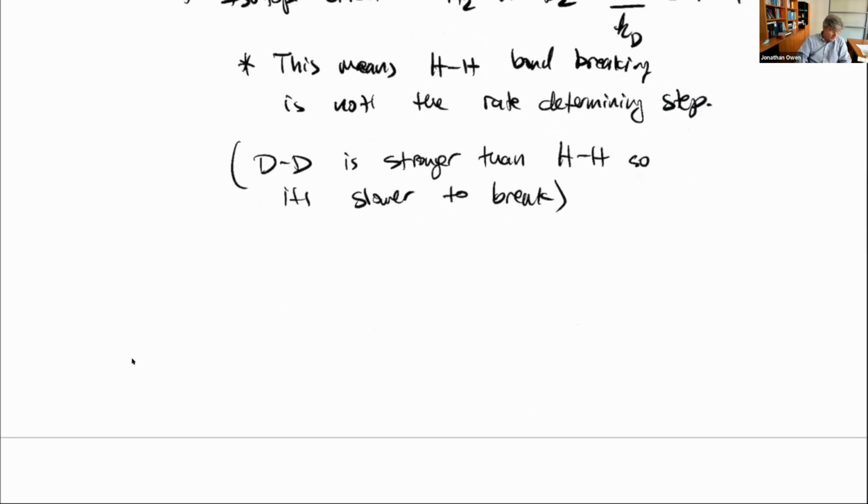And the reason is that it's thought that binding is slow.